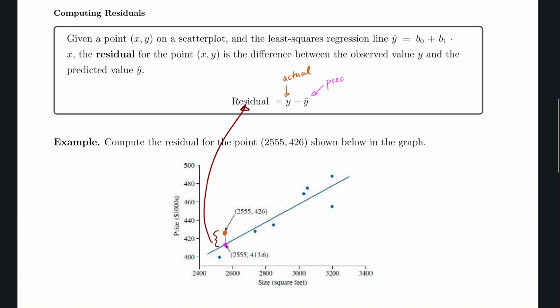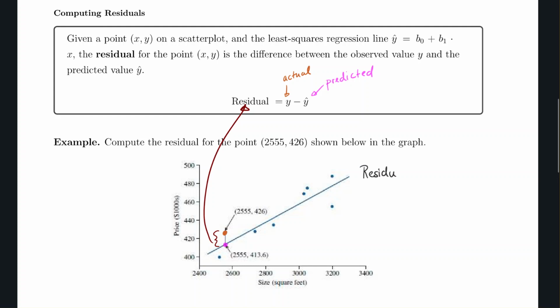Now keep in mind, because of this pattern, if your actual value is above the line, the residual will be positive. If the actual value is below the line, for instance this data point, the actual value is below the line, so this residual will be negative. So when we're asked to compute this residual, all I need to do is remember the formula.